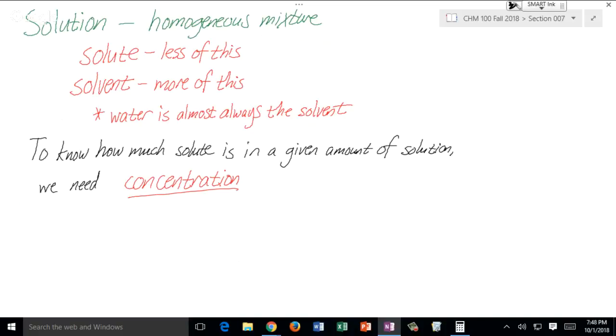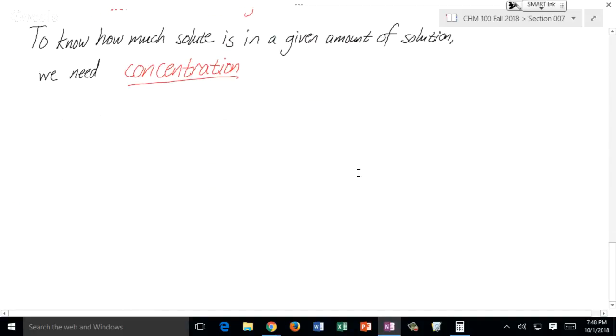And there's no single measure of concentrations. There's lots of different ones. We're going to focus on a couple of the most important and most widely used measures of concentration. So the first one we're going to look at is probably the simplest, and it's called mass percent, or percent by mass.